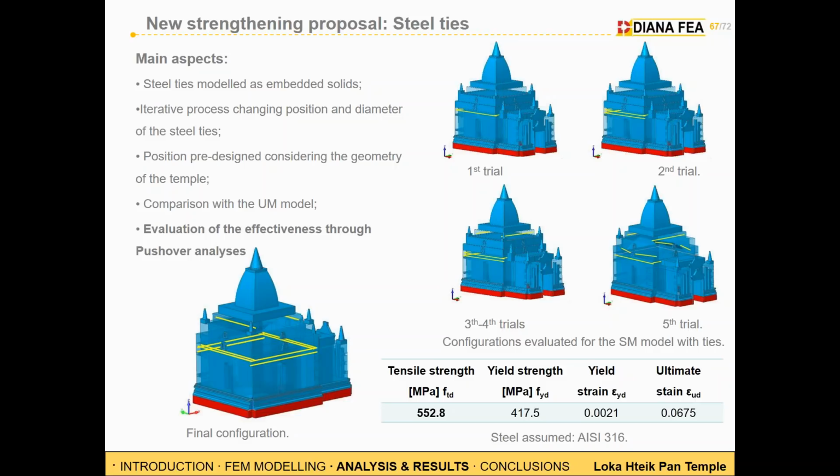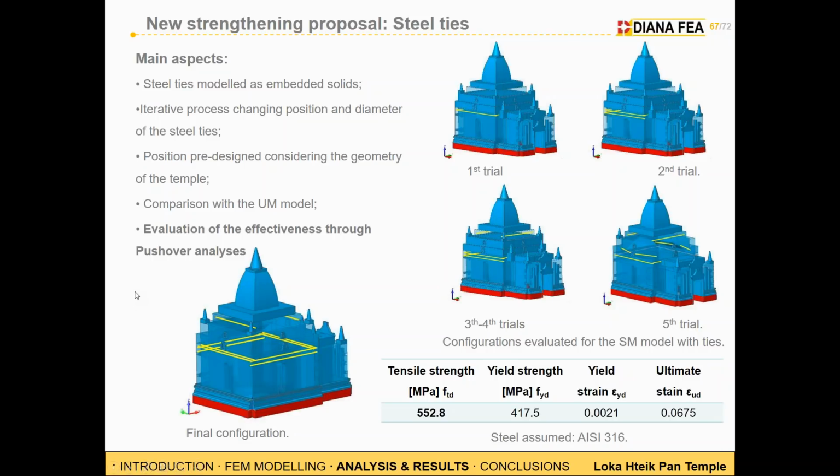And we performed an iterative process changing the position of the ties and the diameter, and it's really easy and fast to change the diameter from the DAT file, because it's just a question of changing the cross-section for the steel material. And it's worth underlining that, talking about a historical monument, we had to design this new strengthening proposal considering aesthetical details and the original shape of the structure.